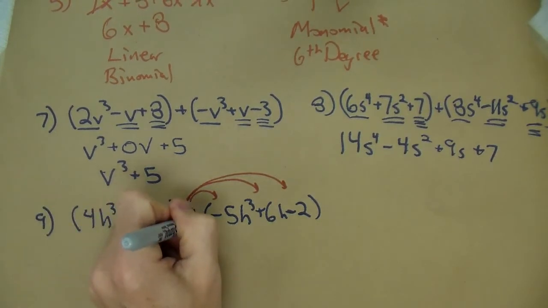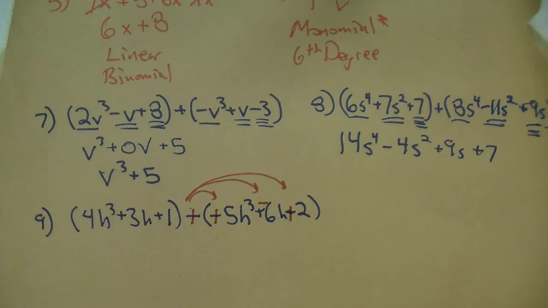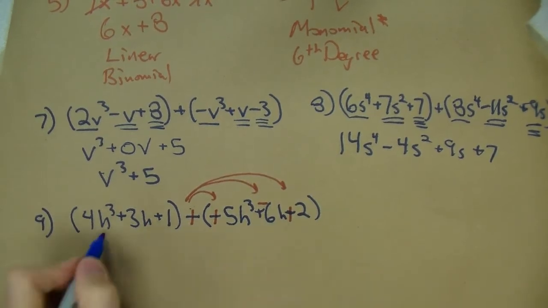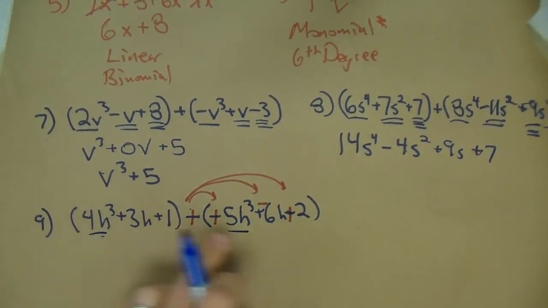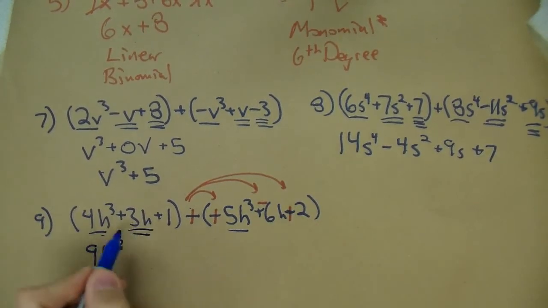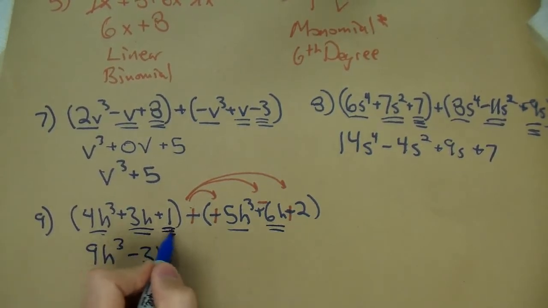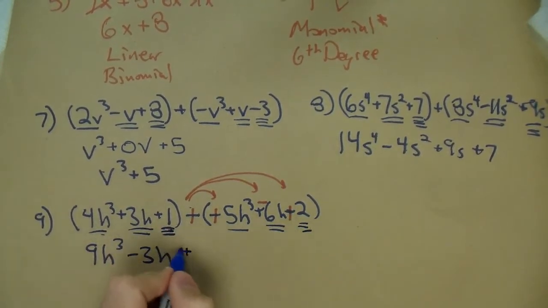In doing that, it makes it addition, addition, subtraction, addition, and I change each of the signs. So now I take 4h to the third and 5h to the third gives me 9h to the third. 3h minus 6h is minus 3h, and 1 plus 2 is 3.